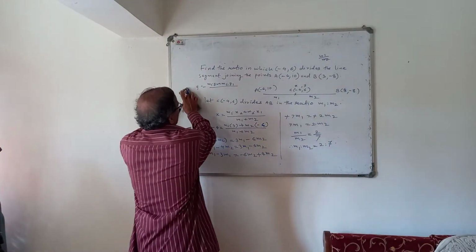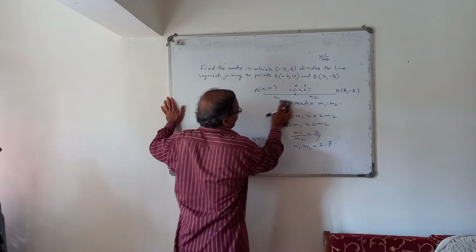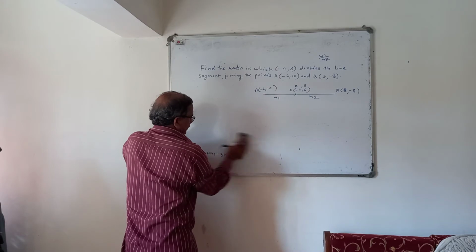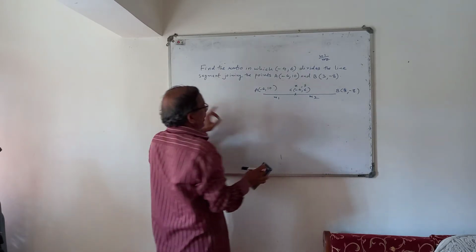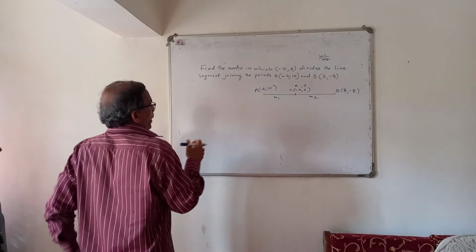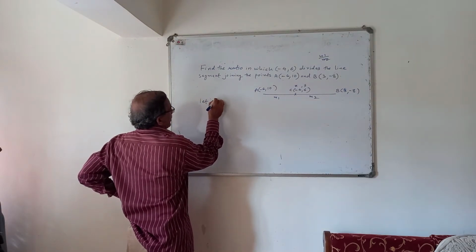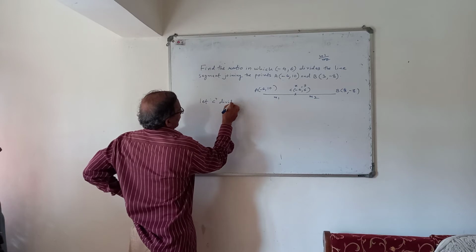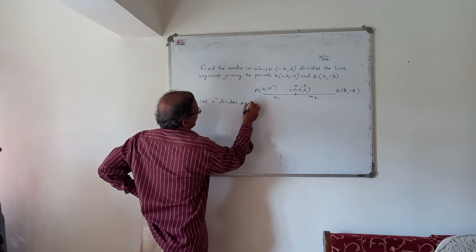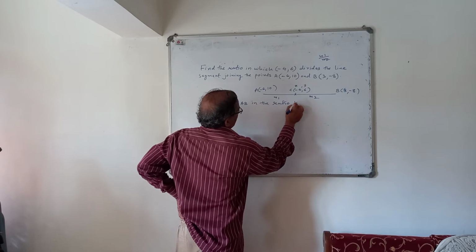Now the same example can be solved in one more different way. What is that? Now see. Here we have assumed this ratio as m1 is to m2. In place of m1 is to m2, we can take k is to 1. Let C divide AB in the ratio k is to 1.